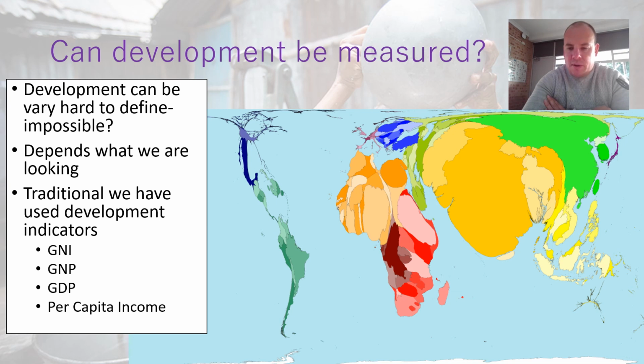But as we've already said in our definition, development's not just how rich or poor countries are, there are other elements as well. So when we talk about measuring development, we can use traditional indicators like the ones I've just said. However, they don't always tell a true story, and that's what we're going to look at.